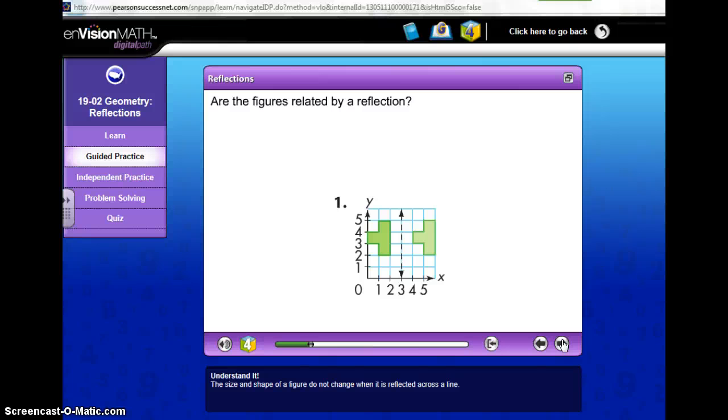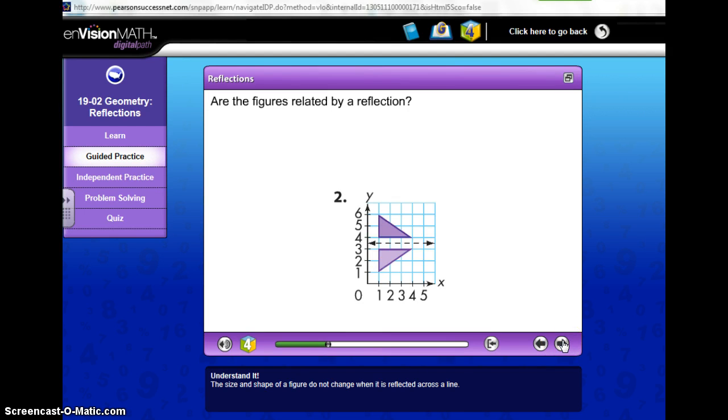Because this little jutted out spot right here is pointed to the left, so on the other shape it should be pointed the other direction because we're flipping it over that line of symmetry. Cole, did you have a question? Yeah, why does it have to have a line coordinate? Why does it have to have numbers? It doesn't have to. You're going to see some today that are not on a grid like this, but you're going to see others that are on a grid, and you're going to have to make that reflection based on those numbers. Okay?